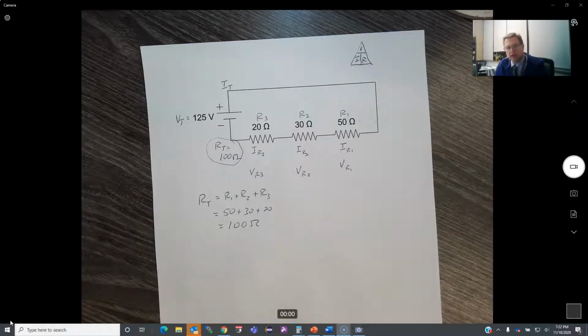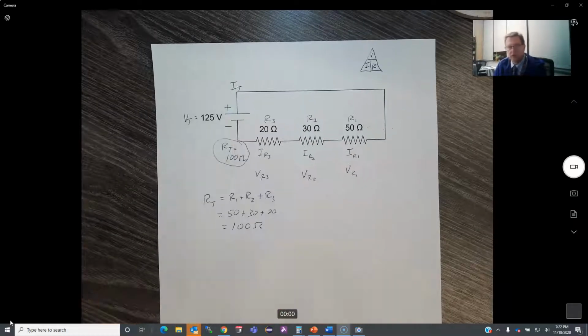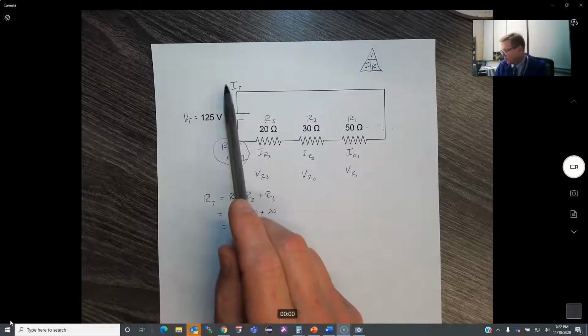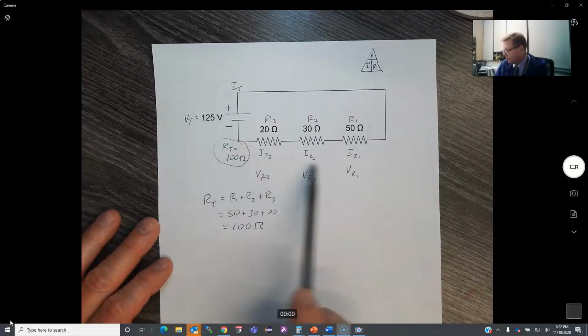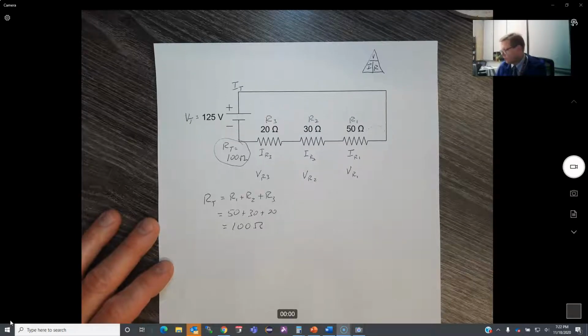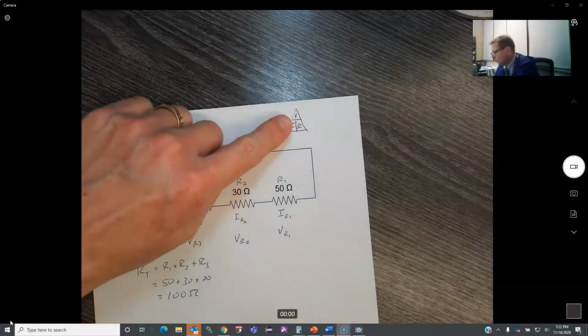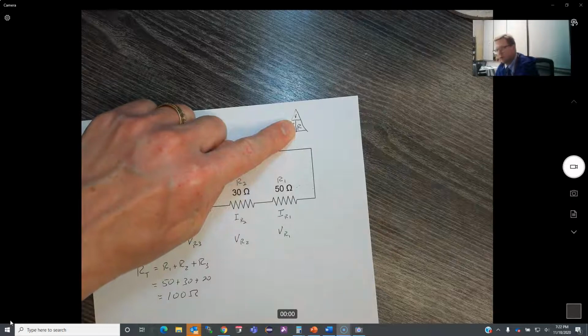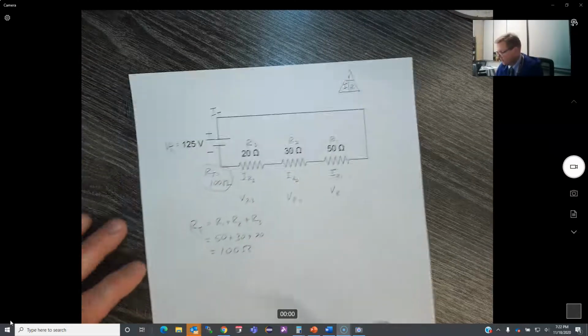All right, next on the line, I want to find my current at this point right here. Because once I find my current, remember the current stays the same through the whole series, I'll know all three of these answers really fast. So what's the rule for current? According to Ohm's law, if I cover current, it means it's just voltage divided by resistance, right?